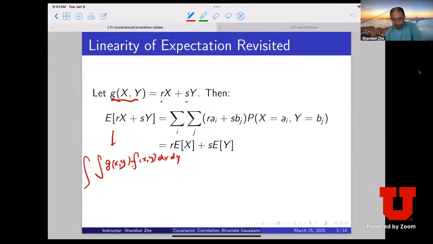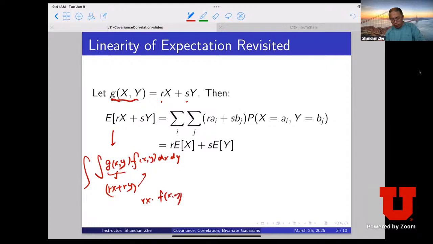So if we leverage the form of g, which is a linear combination rX plus sY, and multiply with the joint density function, we can put the integration over every term. You integrate every term, say rX times f(x,y), with double integration over x and y: you marginalize out one variable first, then do the integration with the other variable.